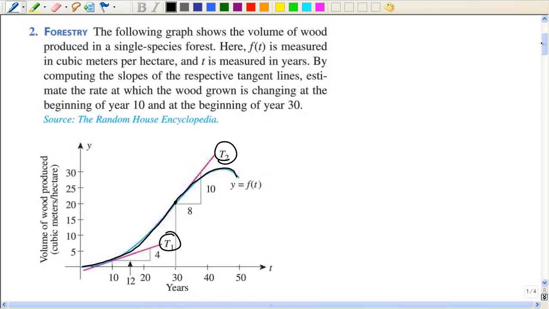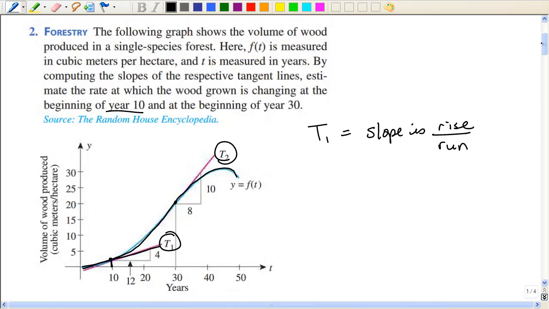So we're going to find T1, which is the slope of this first tangent line. Now if you recall, the slope is rise over run. And we're going to be asked to find the average rate of change at the beginning of year 10. So they've drawn us a tangent line at year 10.